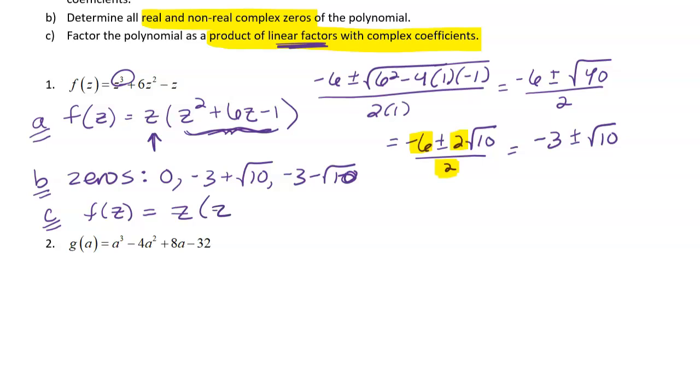Now I can say z minus, and I'll put this -3 plus square root of 10 in there, and then z minus the other zero that I have. Since I have 3 zeros, I need 3 factors. Basically you just make sure you put z minus the root, z minus the root. We've done this before. It just feels a little different now because the numbers are getting kind of messy. And this first one you can just leave as z. And there you go. You have done part A, part B, and part C.